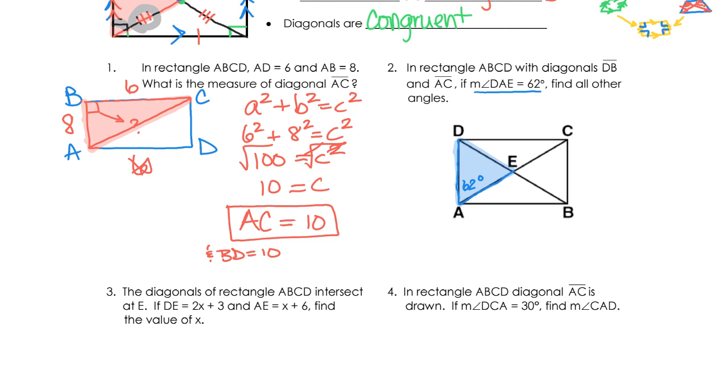And what we have to remember in a rectangle is that this part of the diagonal is equal to this part, which is equal to this part, which is equal to this part. And so it makes that blue triangle isosceles. And so across from 2 equal sides are 2 equal angles. And so this angle ends up being 62.